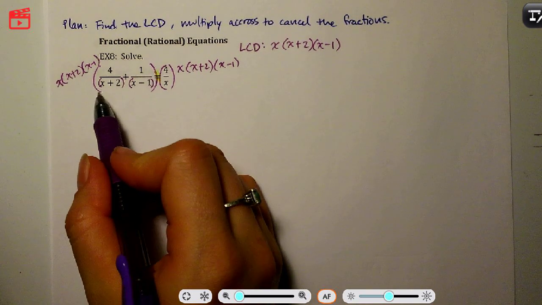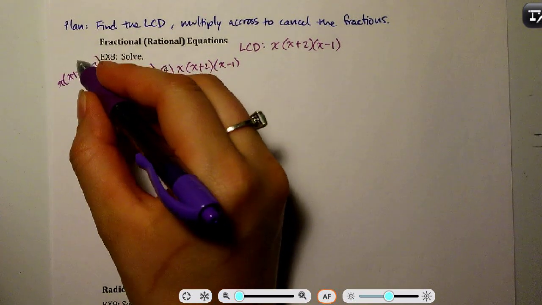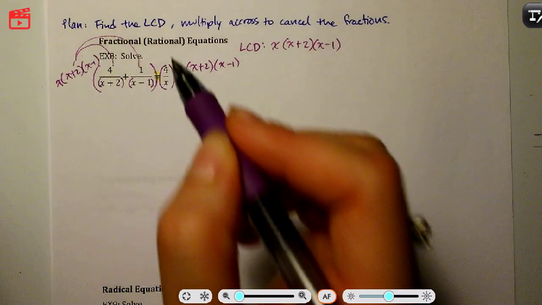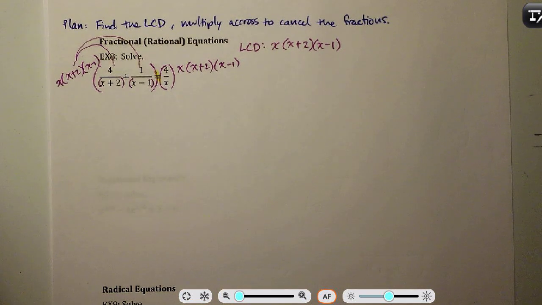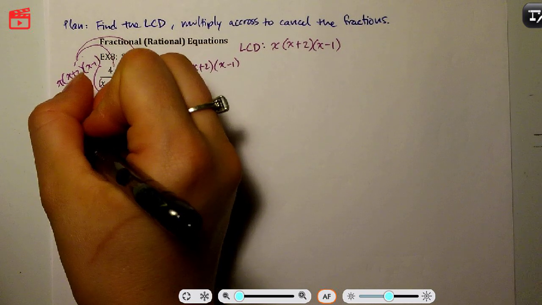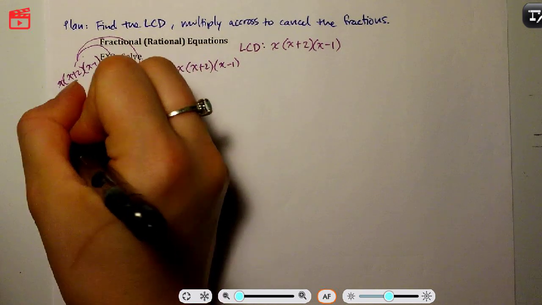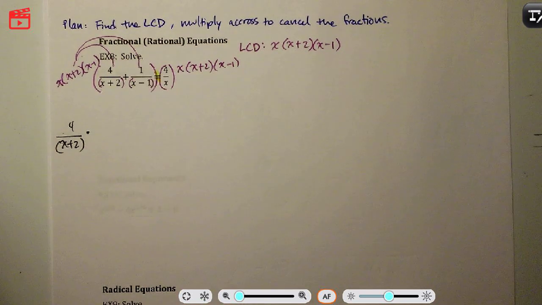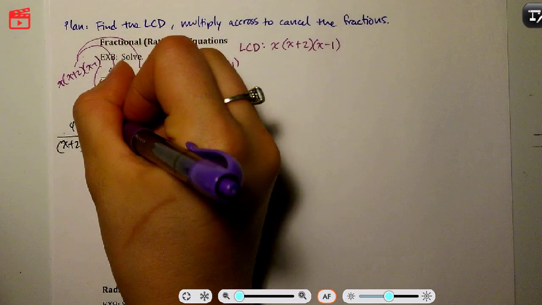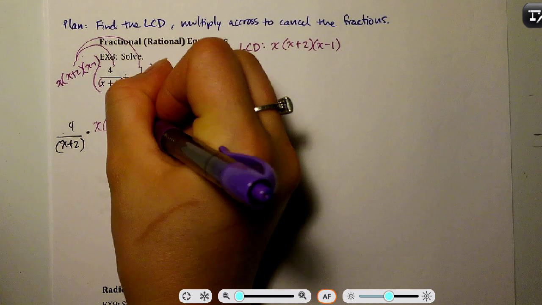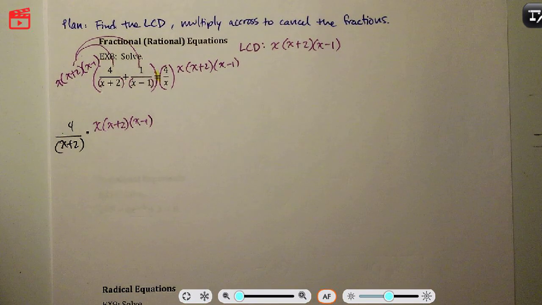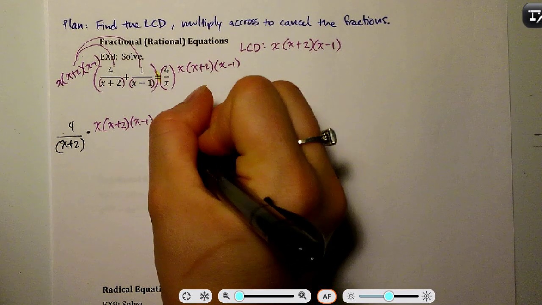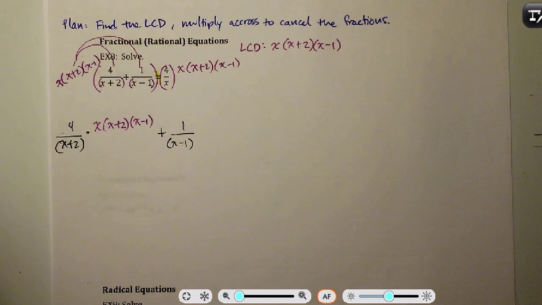So, because we have this binomial on this side, we're going to be using the distributive property to each of the terms. And I'll go ahead and write this out so you can see that a little clearer. Let's see. So, it's going to be 4 over x plus 2 times x times x plus 2 times x minus 1. Plus sign, bring it down, plus 1 over x minus 1.